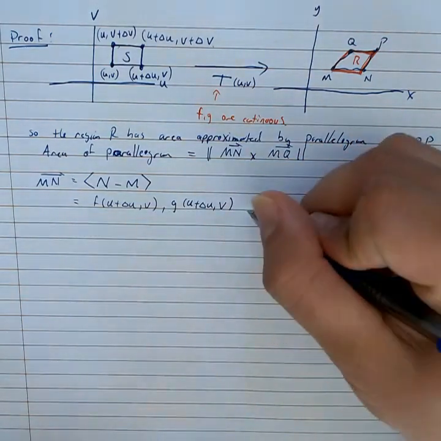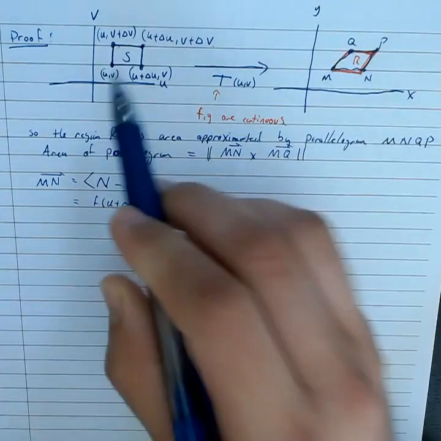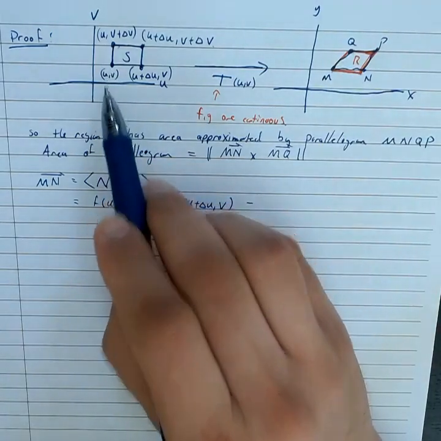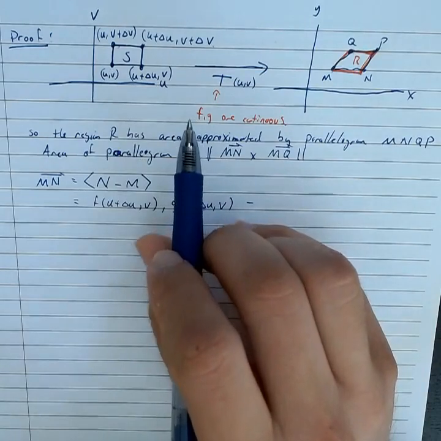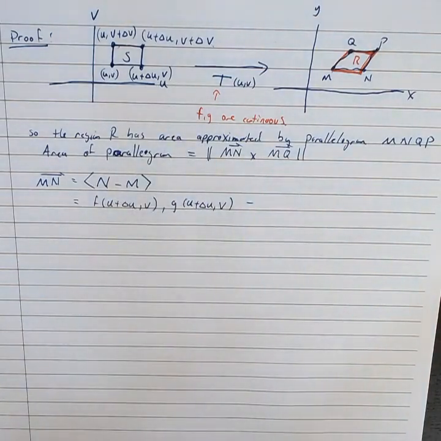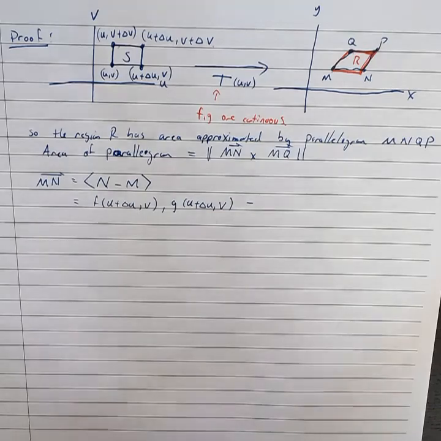And then we're going to subtract away. Well, m came from this point, so we're going to take both of those and pass them through f, and then take both of those and pass them through g.